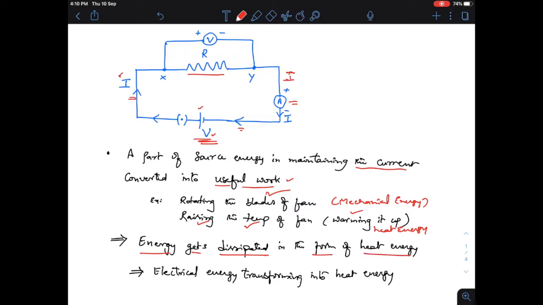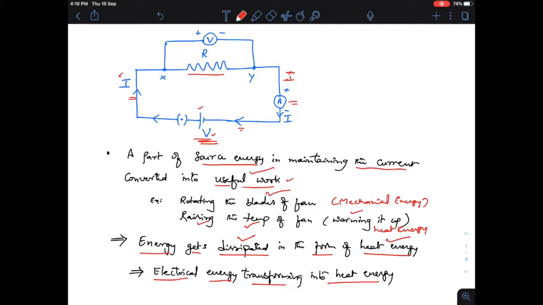So, energy gets dissipated in the form of heat energy. When the source energy is spent and converted into useful work, it can also get dissipated as heat energy. So, electrical energy is transforming into heat energy. That is the basic essence of this.